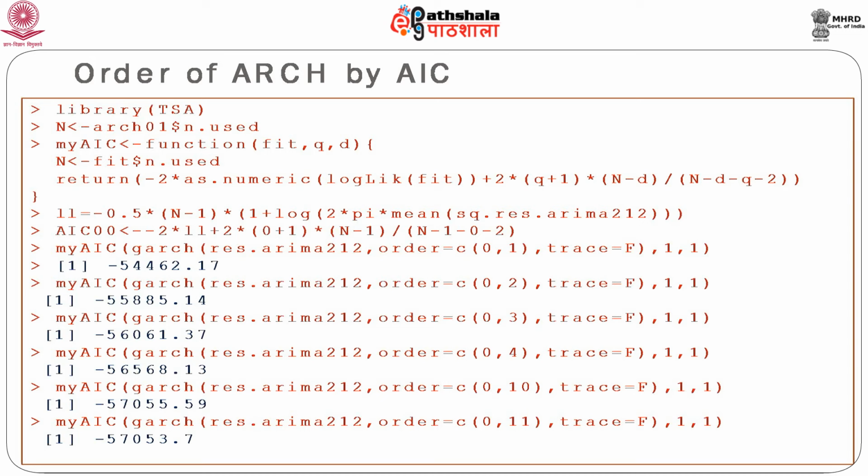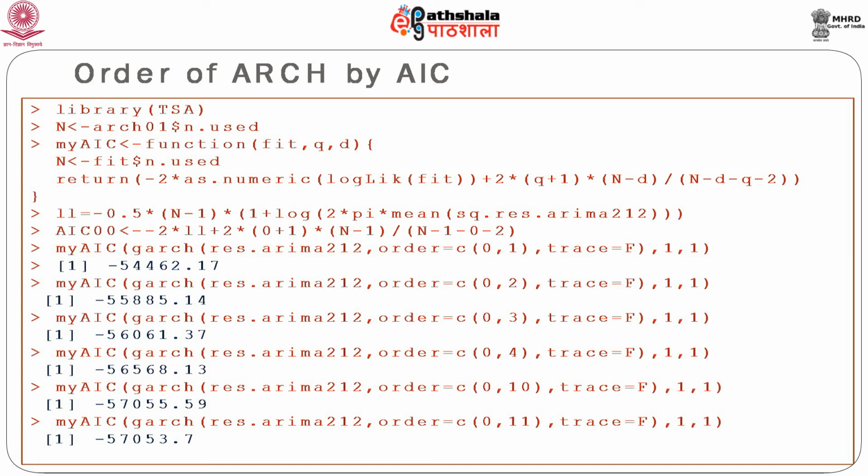For order 0, that function cannot provide the AIC, so I calculated AIC0 separately by the above formula, and then I use the myAIC function to generate the AIC for other orders.